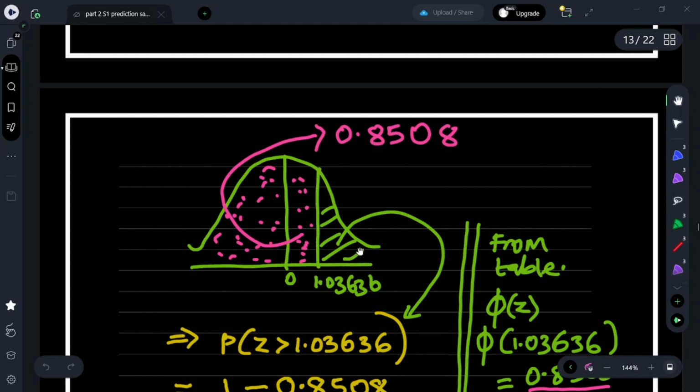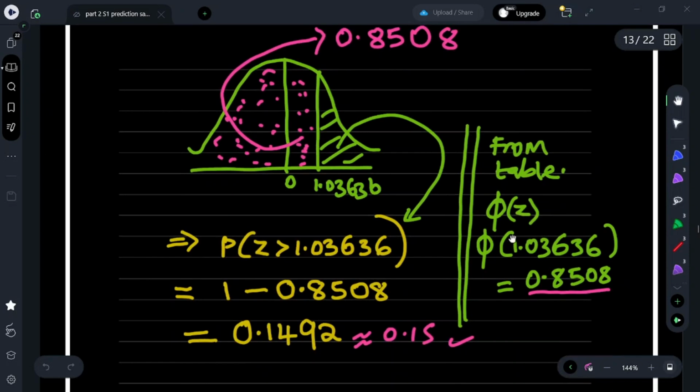We can then subtract the value from 1 and get the probability, the part shaded in green, for Z greater than 1.03636. From the standard normal table, phi of the Z value 1.03636 is 0.8508.